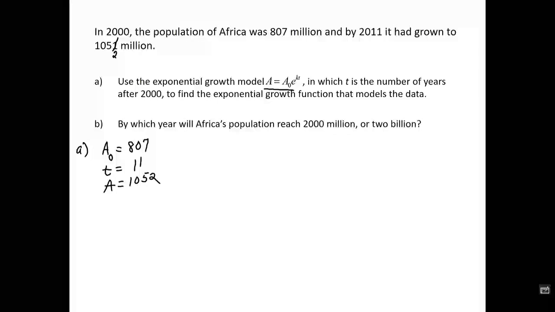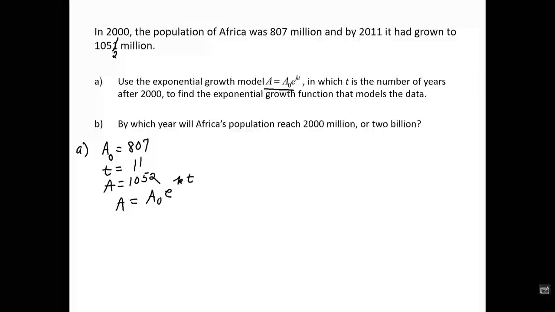We're going to use this information to find k, the constant which represents the growth rate. To find k, we have A is equal to a sub 0 times e to the kt.